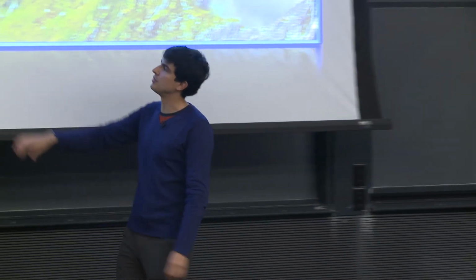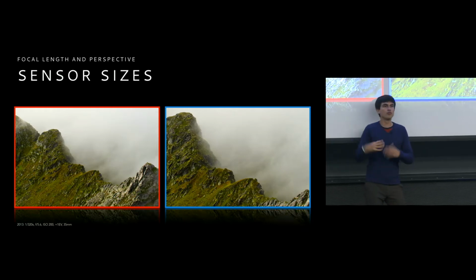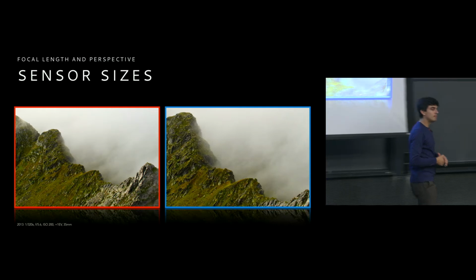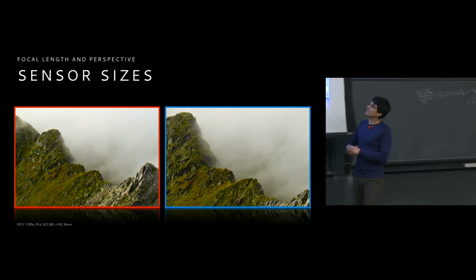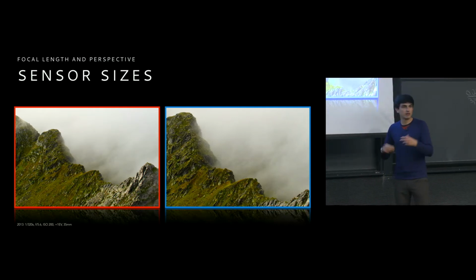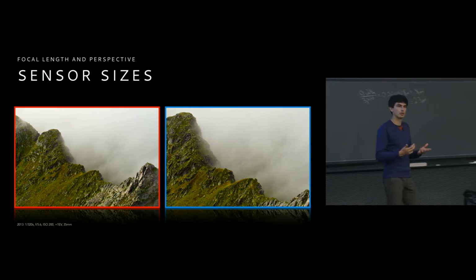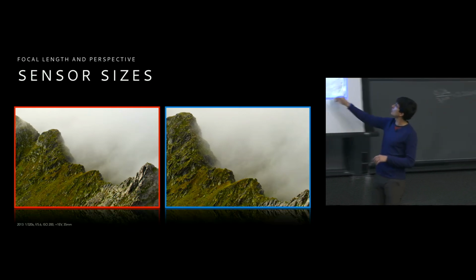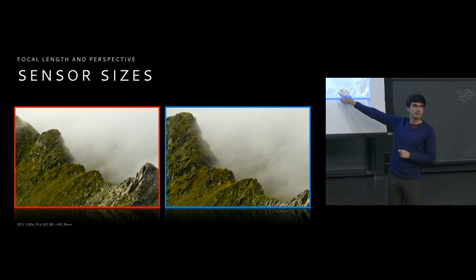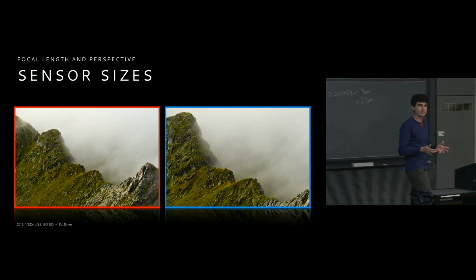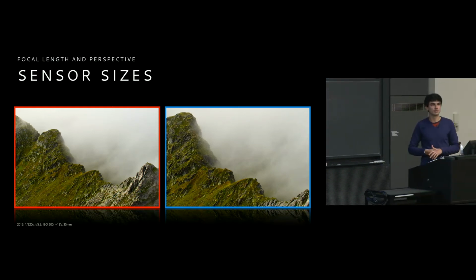Let's say that I had captured this photo on the left with a full frame camera at 50 millimeters. What that would mean is that if I then took that same lens in the same situation and replaced the camera with one that has an APS-C size sensor and took another photo, it would look like this. You notice that it looks a little bit more zoomed in, but the apparent focal length is now 50 times 1.6, or about 80 millimeters.